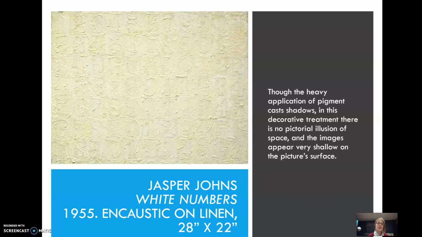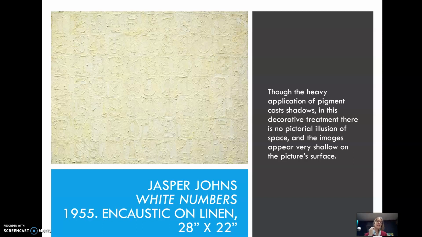But encaustic is when you actually use melted wax mixed into paint, okay? So some of you who are interested in painting, someday you might want to try painting with encaustic, all right? You have to heat the wax to mix into the paint, so you have to have a heating element.